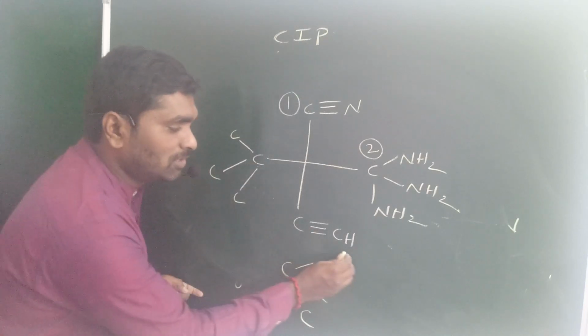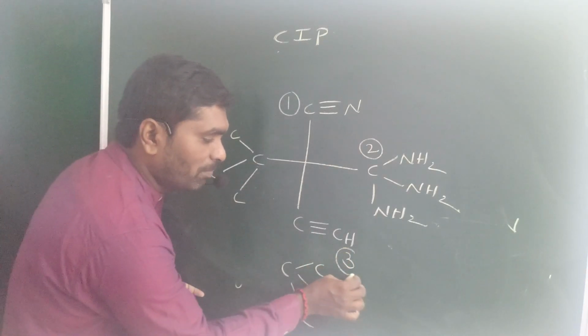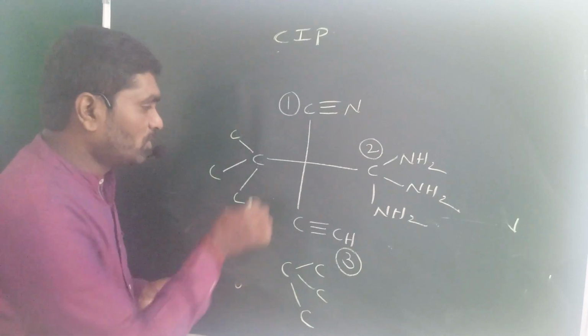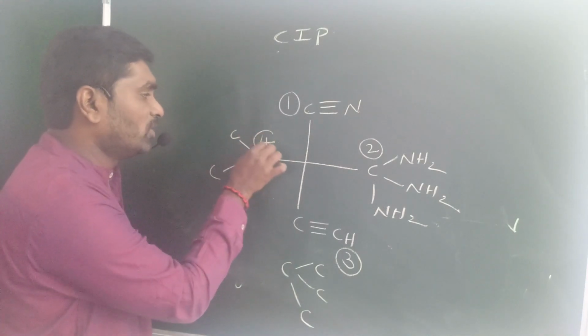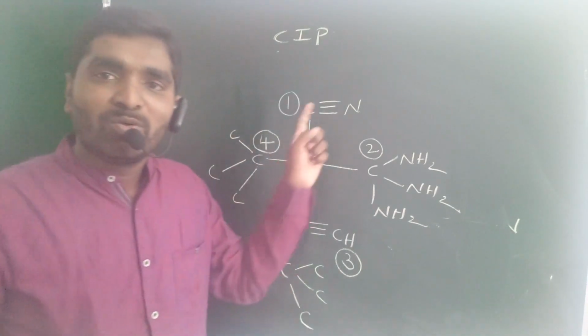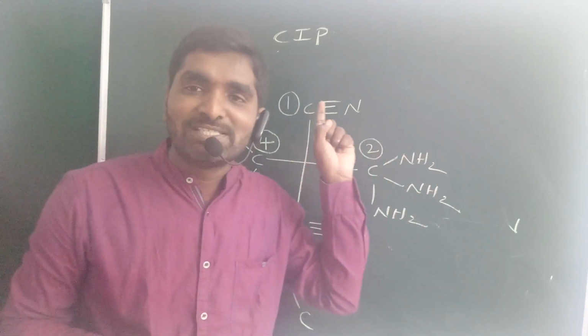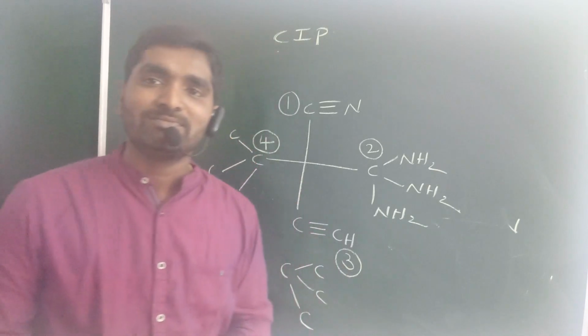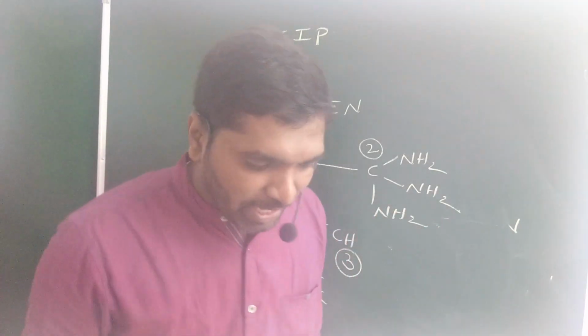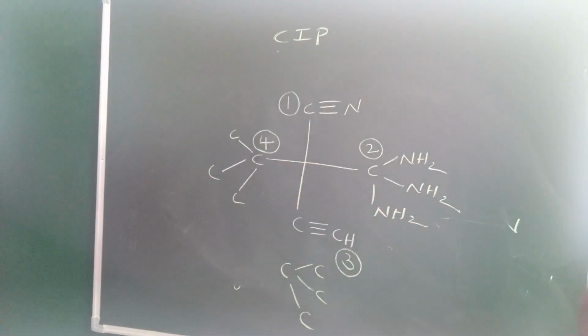Among these two, this should be the more priority group. That means third priority group. Which is the least priority group? That means 4th priority group. 1, 2, 3, 4. This is the priority order according to the CIP rule. Okay guys. And next one. Next most important one.